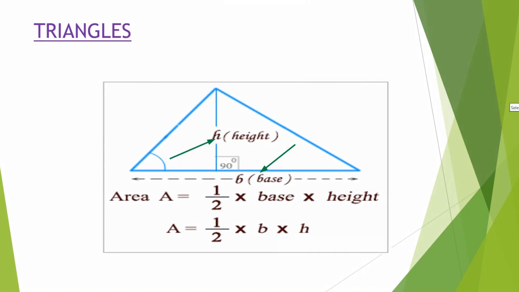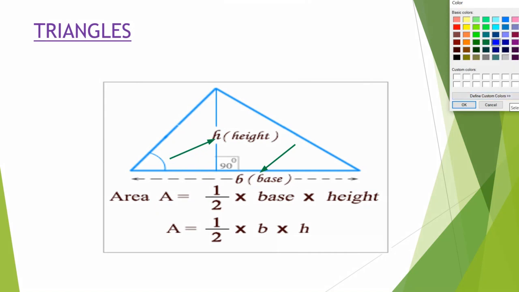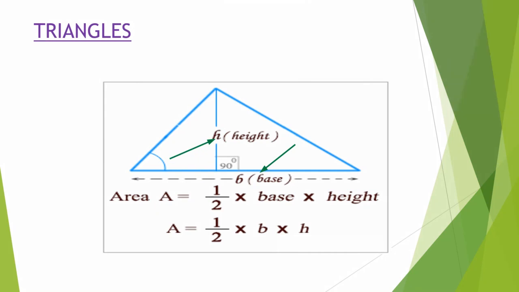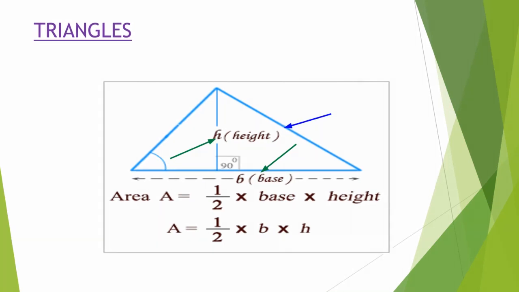But suppose you change the base and take any other side as base, then the height will also change. Then the height will be the corresponding height from the opposite vertex to the base that we are taking. This will be the 90-degree line, that is a perpendicular, so height will also change according to the side.